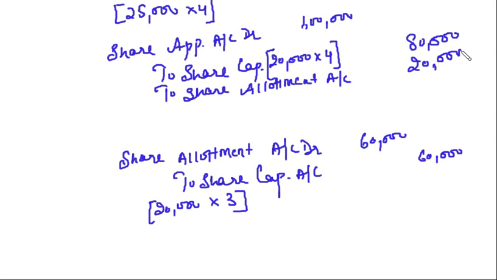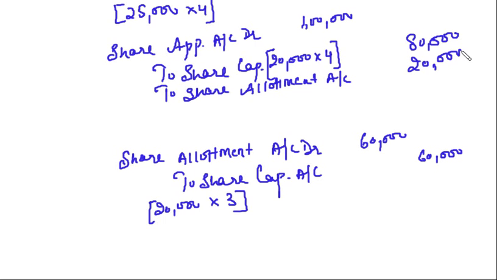You are to receive 60,000 rupees on allotment. I will consider that I have already received 20,000 rupees of allotment, because I have received excess application money, and that I will adjust towards allotment. That means whatever amount I have to receive on allotment, I will reduce by the excess amount that I have already received.